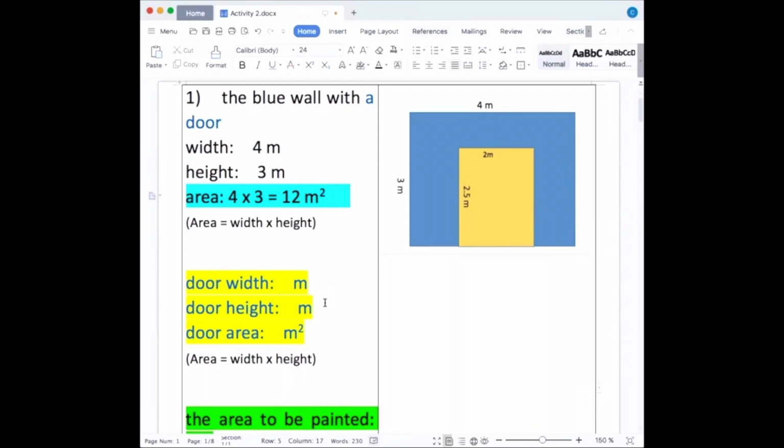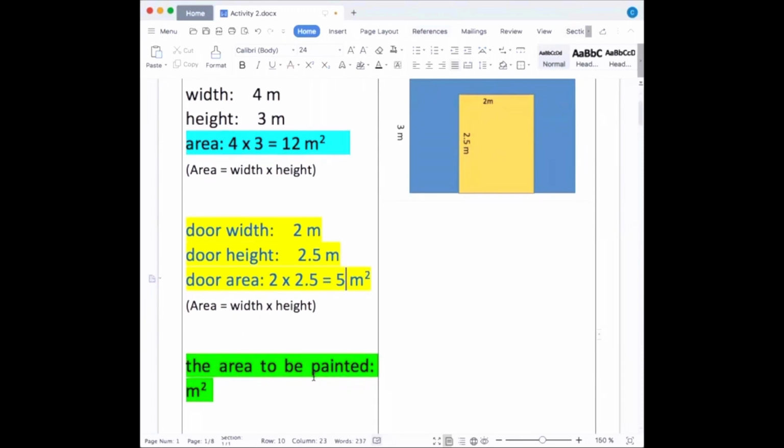However, we need to deduct the area that doesn't need to be painted. So that's the door area. The door is 2 meters wide and 2.5 meters high. So we can calculate 2 multiplied by 2.5 equals 5 square meters.